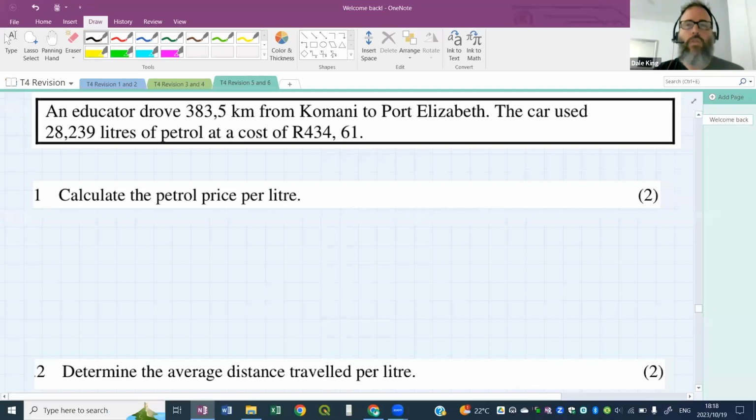2 minutes, put your answers in the chat so we know that you're all done, and then we'll go over this one. What is the price per liter of petrol?